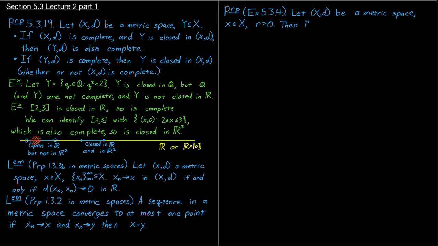Then the ball centered at x of radius r is open, and this closed ball B bar centered at x of radius r is closed. And the proof is pretty quick.